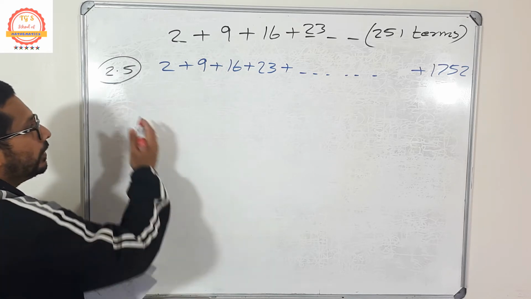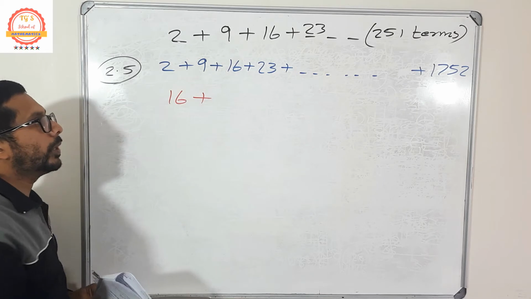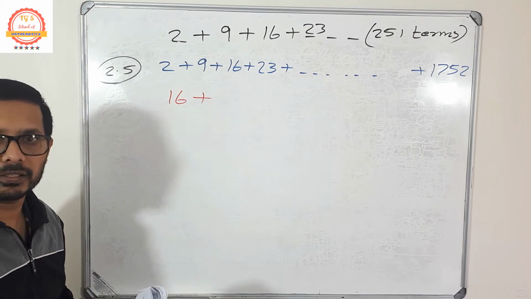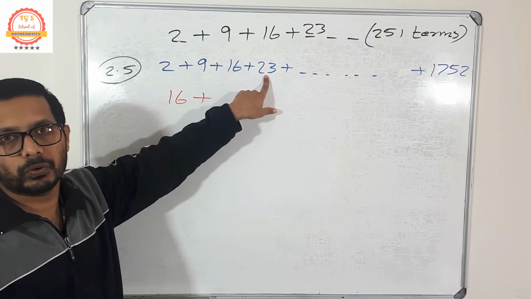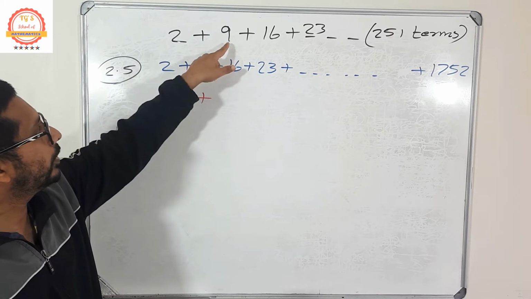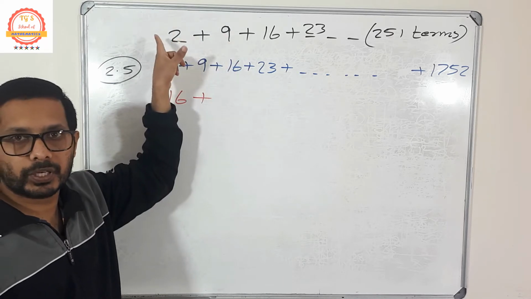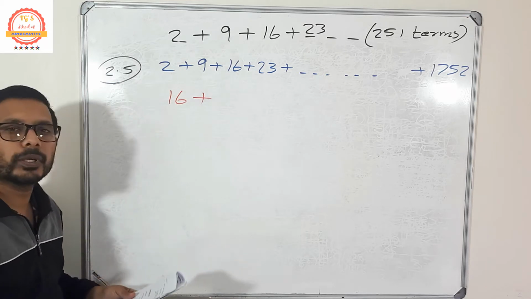So the first term divisible by 4 is 16. Now 23 is not divisible by 4. What is the next term? You can use your calculator. Here the common difference is 7.